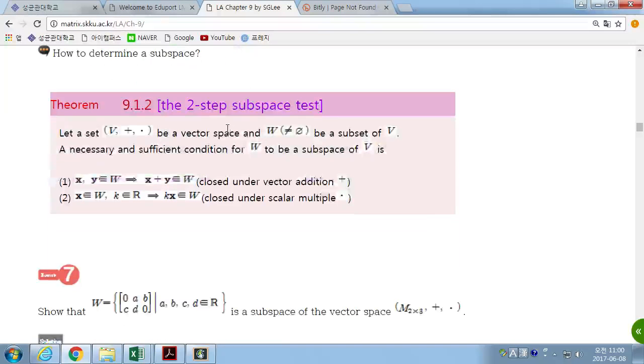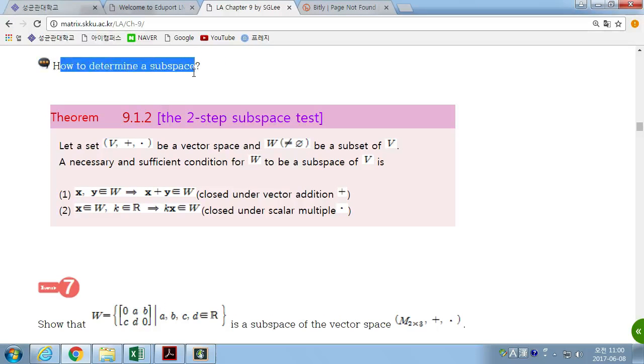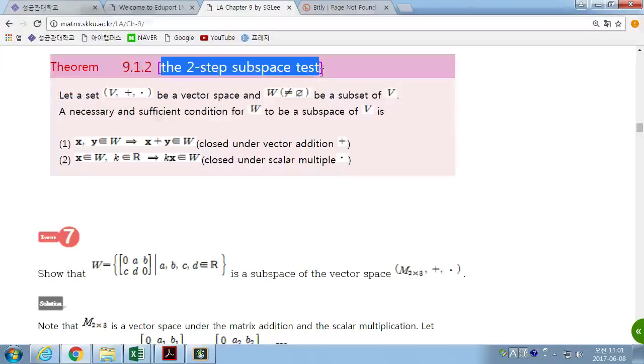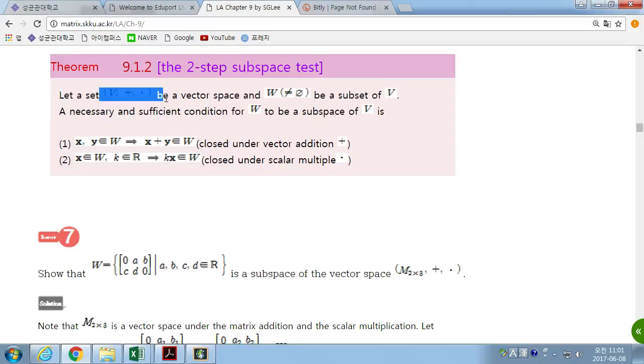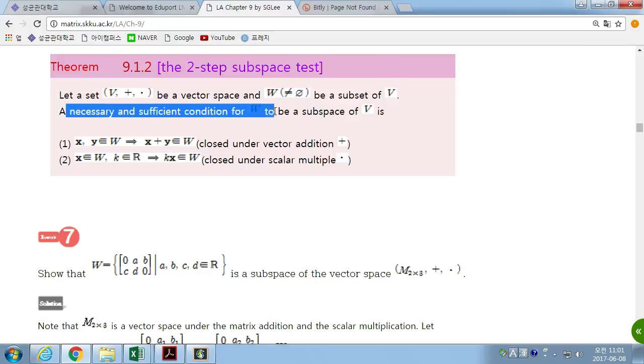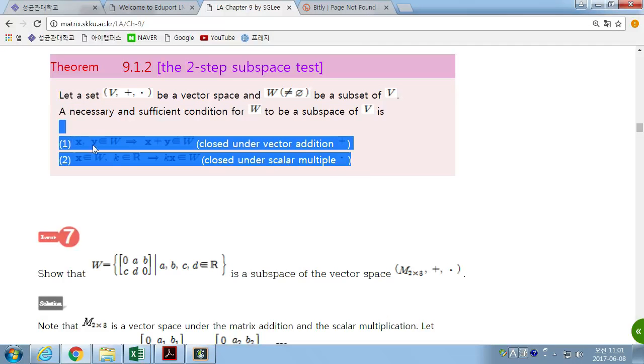That's the example. Then how do we determine whether a given subset is a subspace or not? We used the two-step subspace test. Same thing works. Let V be a vector space with these two operations, and W a non-empty subset of V. The necessary and sufficient condition for W to be a subspace of V is these two, like what we did before.